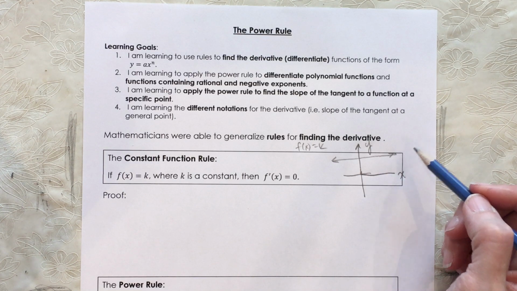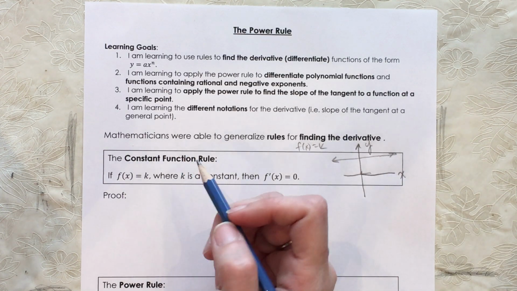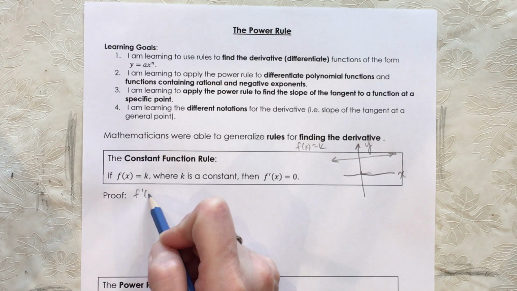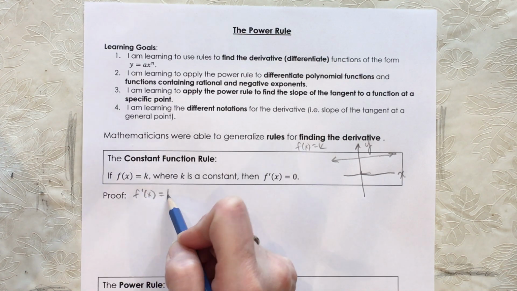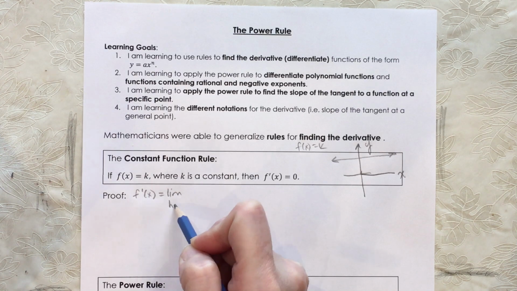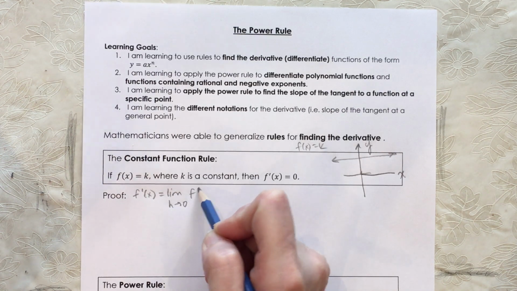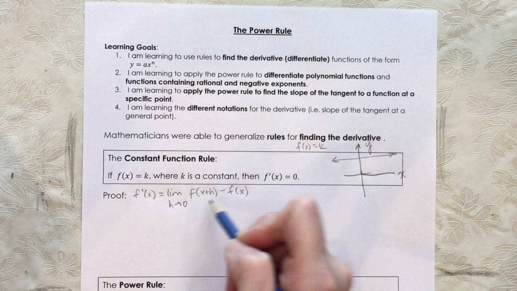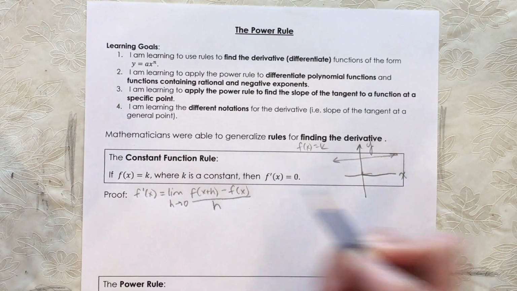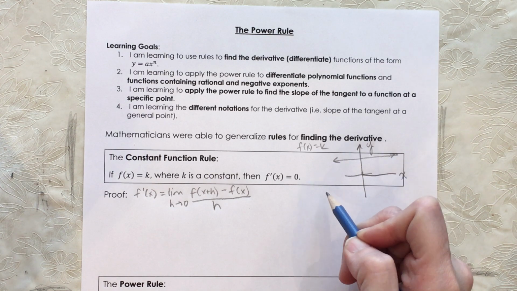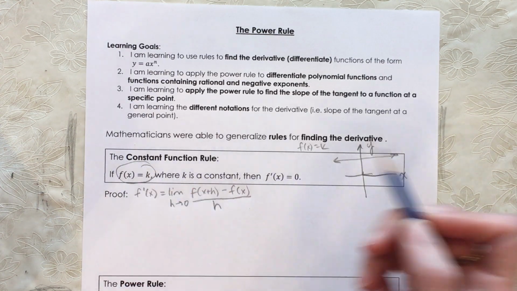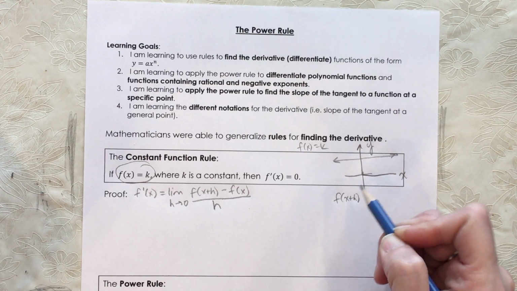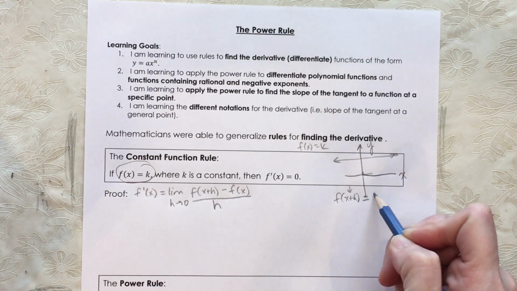So it makes sense from a graphical standpoint, but we can also prove it using our first principles. So our derivative formula is f prime at x is the limit as h approaches 0 of f at x plus h minus f at x over h. And we know, since this is our defining function, that it doesn't matter what we put in for x, we're always going to get out k.